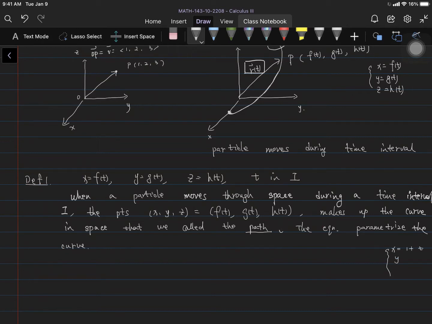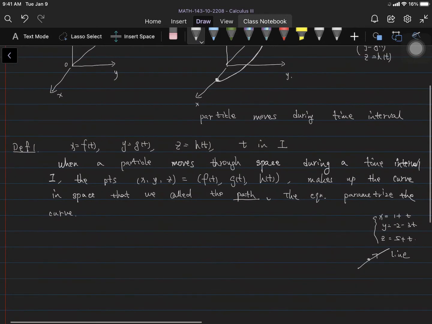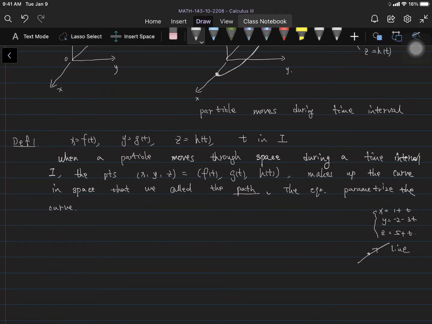For example, y equals -2 minus 3t, z equals 5 plus t. So we know this is a line equation, right? And this is a line passing through the point 1, -2, 5 with a certain direction. So actually this is a line. It's also a curve in space. And we call this a vector function.